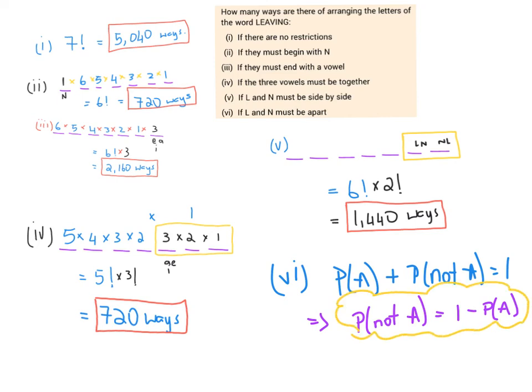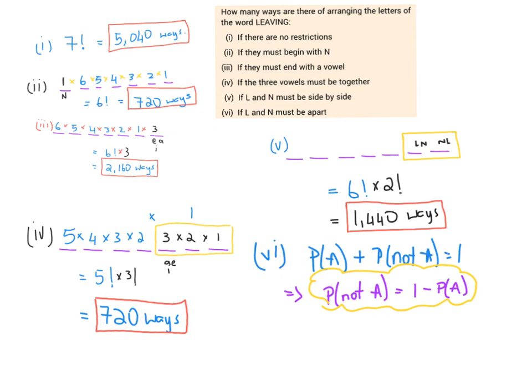Okay, so here, our total number of possibilities was 5,040 ways. We worked that out in part 1. And now we want L and N to be apart. Well, we're just going to subtract the ways that we worked out here of them being together.